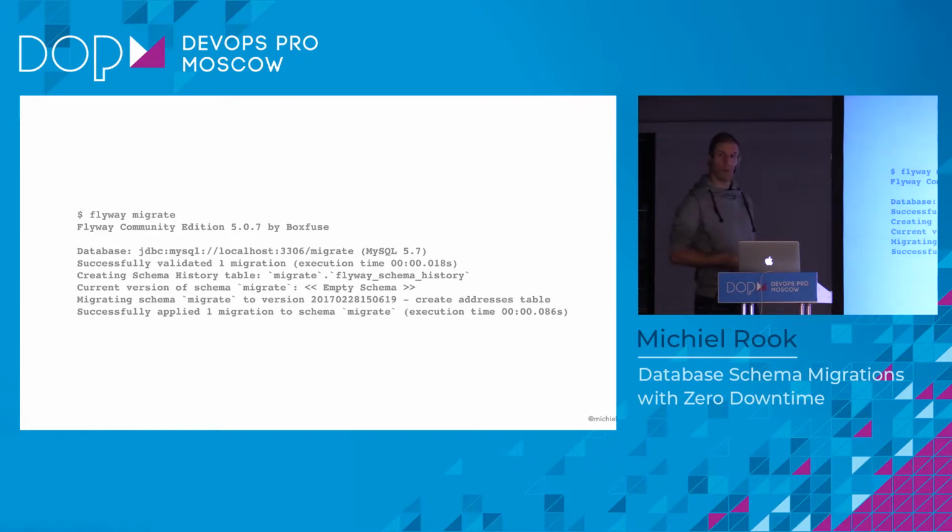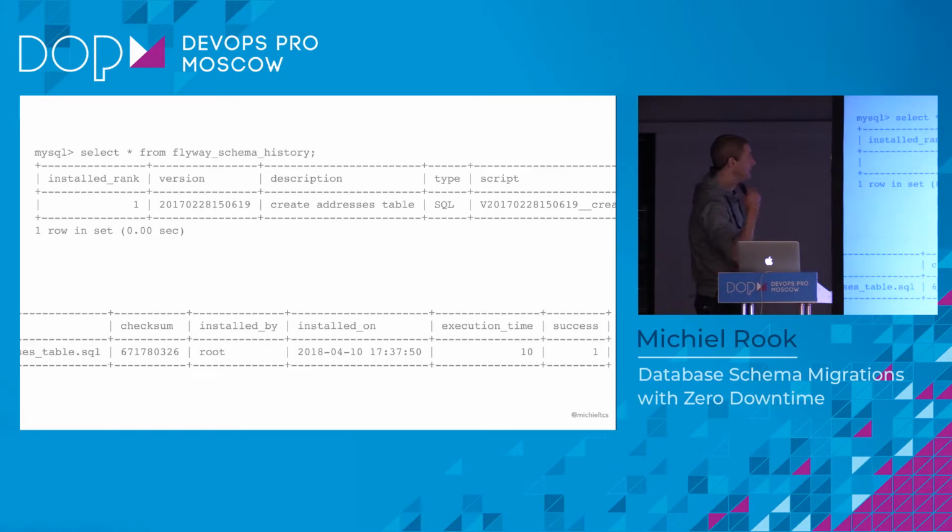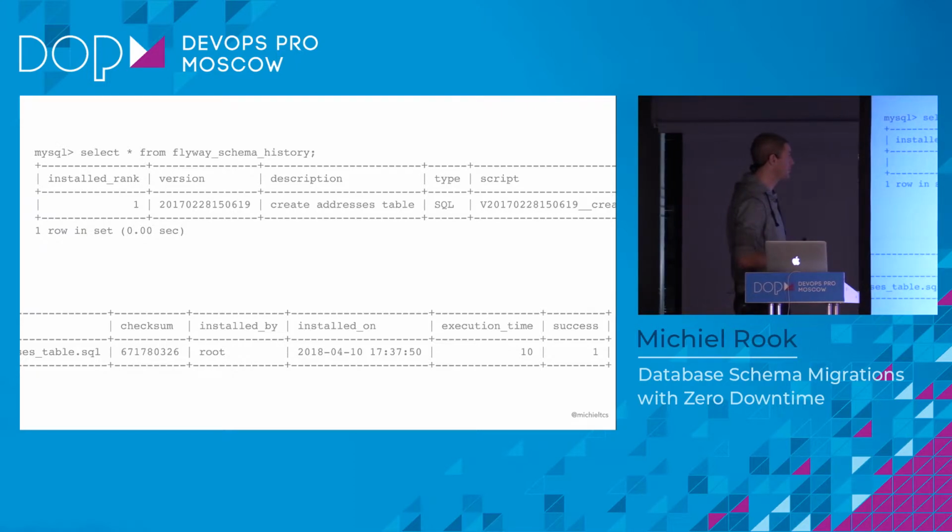How does Flyway record all this information? Well, it keeps an additional table next to all the tables that you write on your own, called Flyway Schema History. And in that table, it records all the schema migrations that it has executed before, when, why, by whom, how long it took, all the information that you would want to know about a schema migration, and also, of course, if it failed or not.